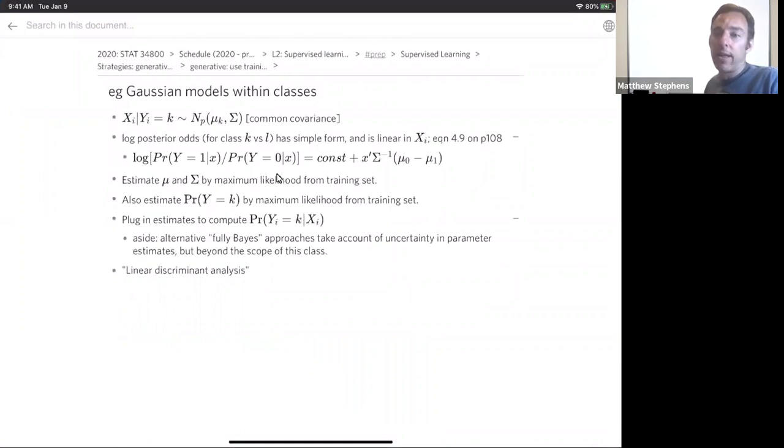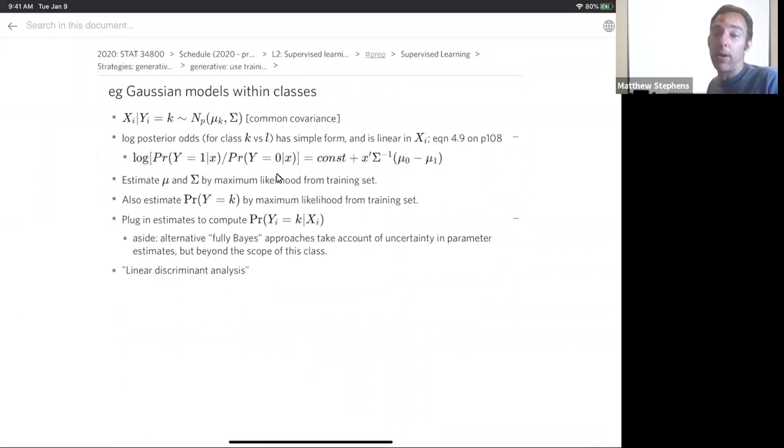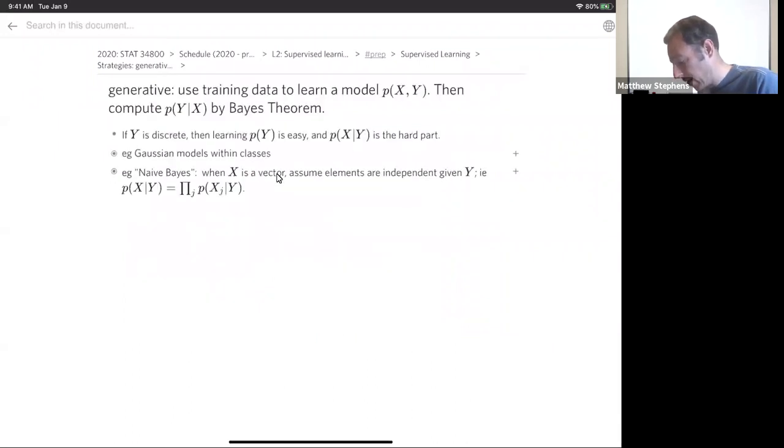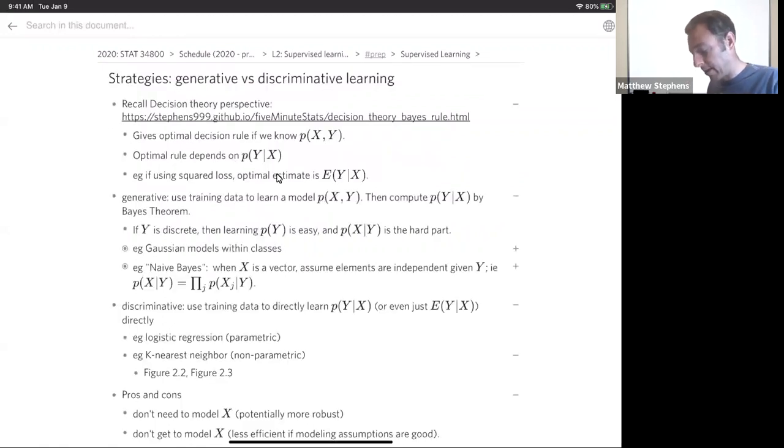But the linear decision boundary will depend on the estimated mean and the estimated covariance here, which we were estimating by maximum likelihood, for example, which is a different way of estimating them than if we use the discriminative approach. Either linear or logistic regression is not estimating the parameters the same way.